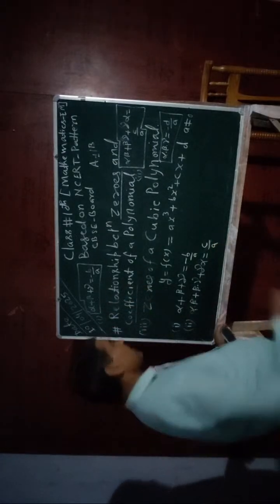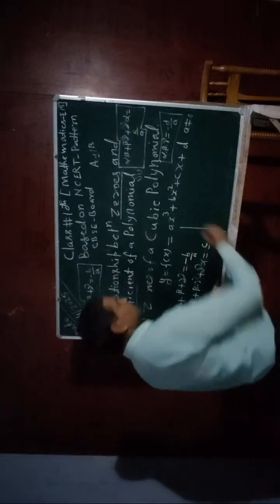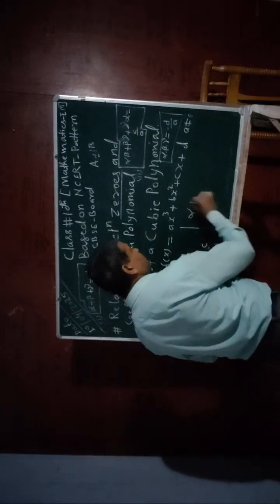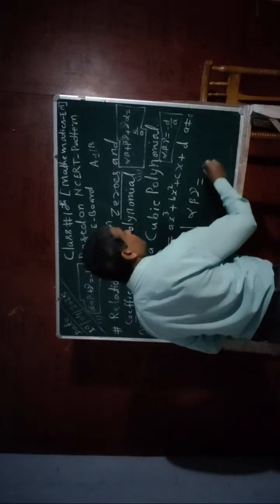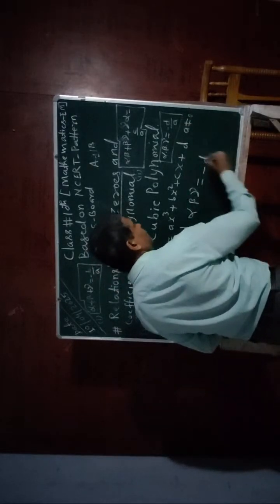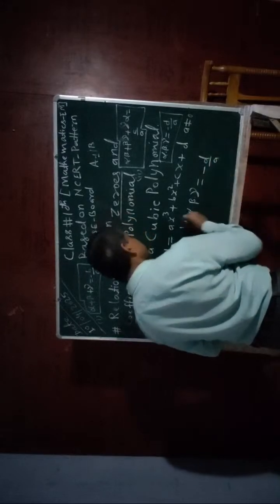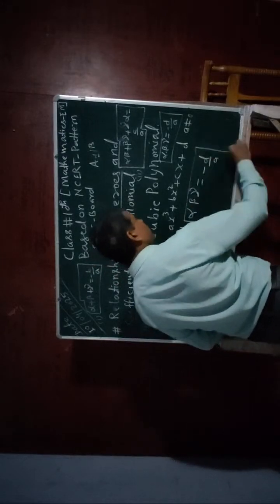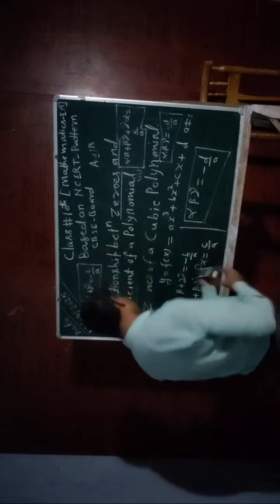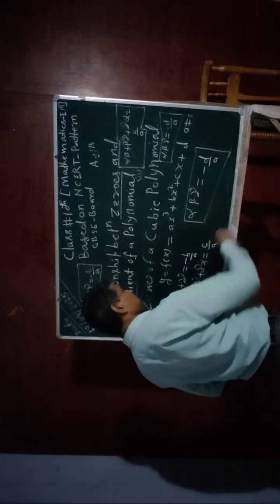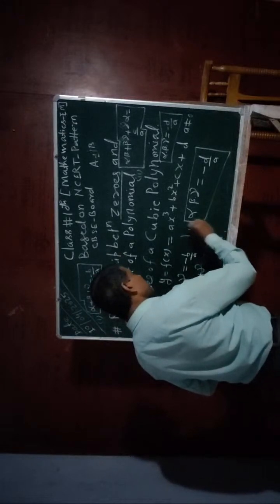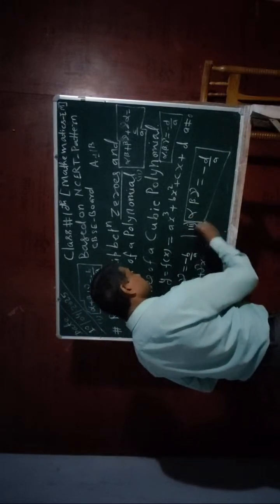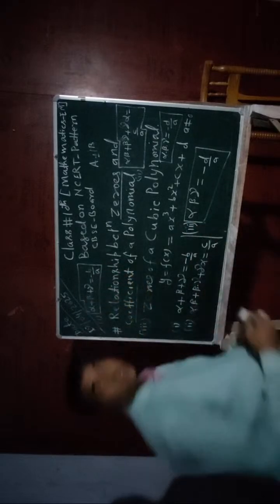The third formula is very simple: alpha into beta into gamma, which is equal to minus d divided by a. So these are the formulas, and we have to remember them clearly so that I can solve the numericals based on this topic.